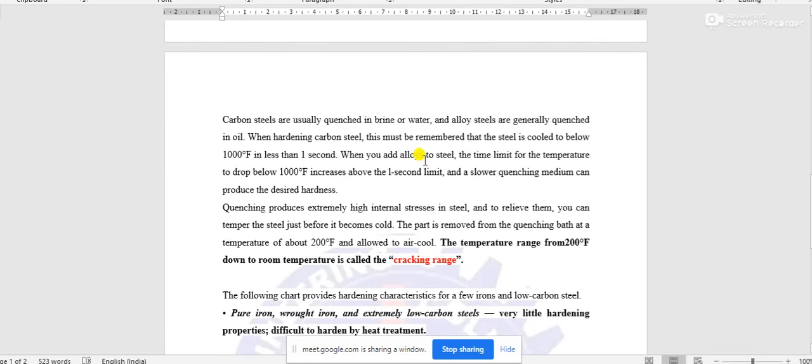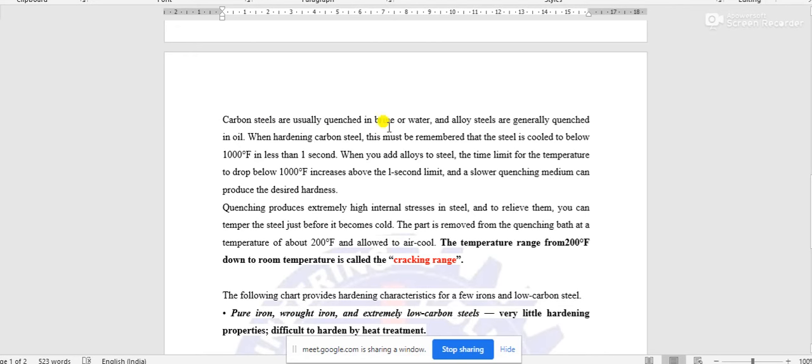Now, these are some characteristics of the process of quenching, and quenching is done in case of carbon steel by using brine or water.